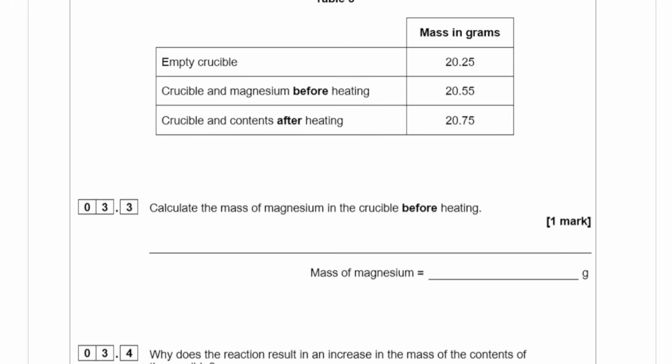So if I take away 20.55 minus 20.25, that will give me 0.30 grams.